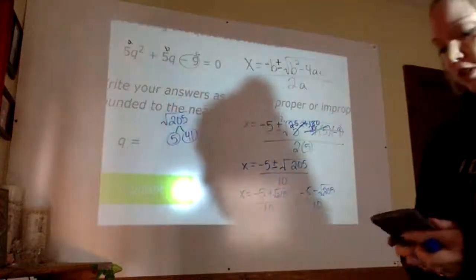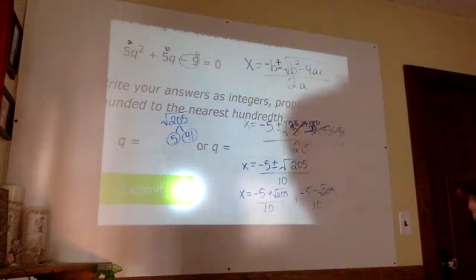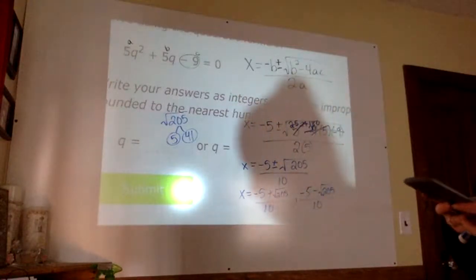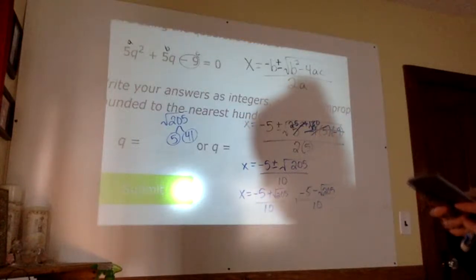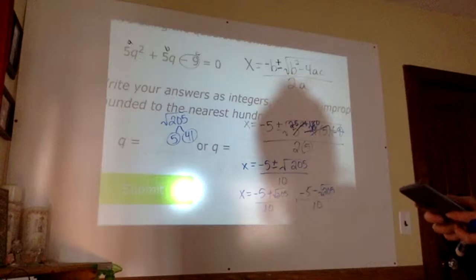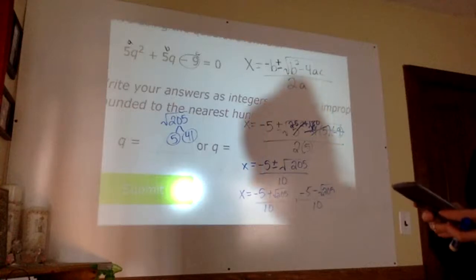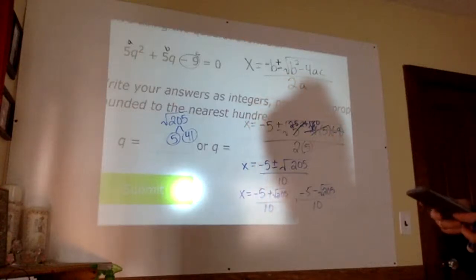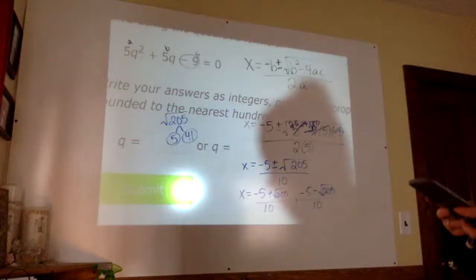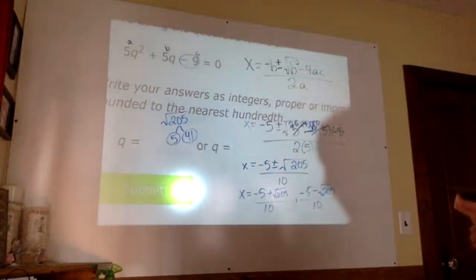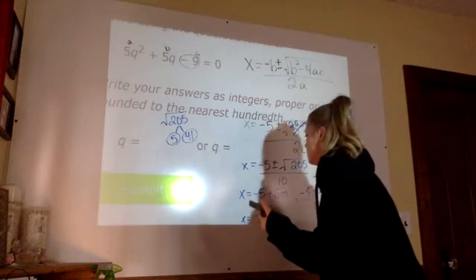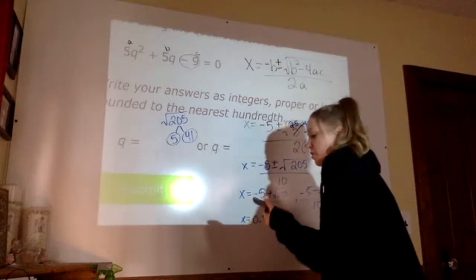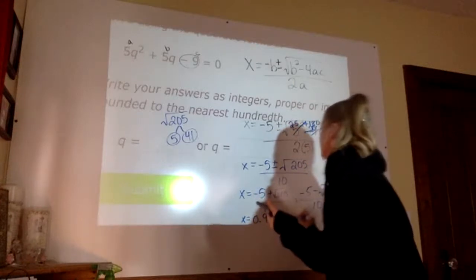So I'm going to take my calculator and do negative 5 plus the square root of 205, and then divided by 10. Hit the S to D button for this one, and that gives me 0.93178, blah, blah, blah.